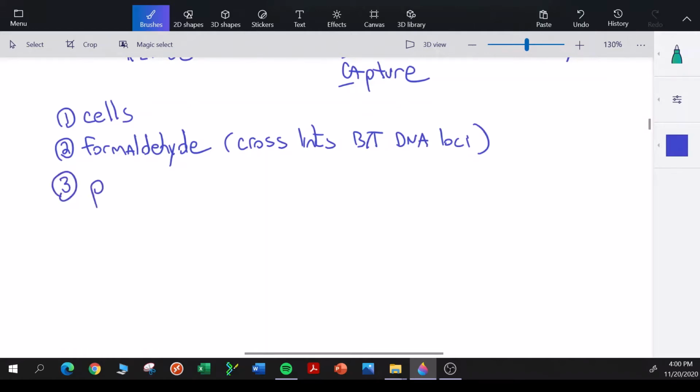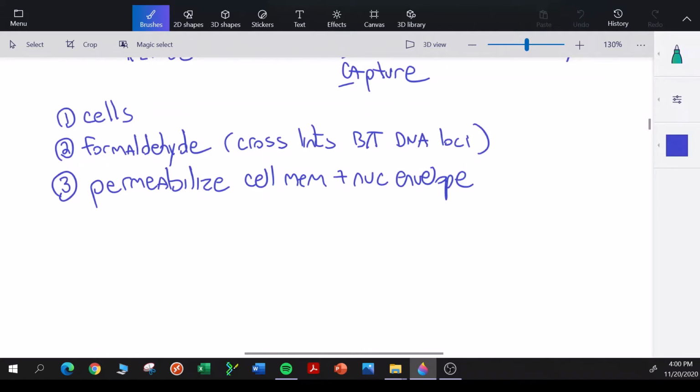So the next step is going to be to permeabilize the cell membrane and nuclear envelope. So the cells are already dead, right? We treated them with formaldehyde that will kill the cells and lock the DNA into position. So we don't need to worry about permeabilization killing the cells.